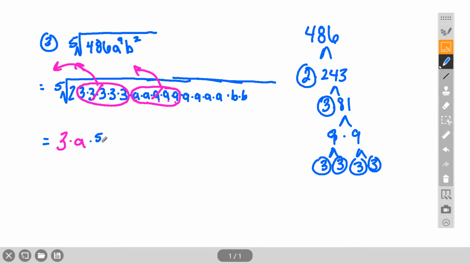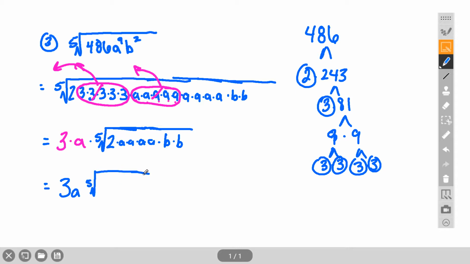So I still have the fifth root, and I still have some stuff under here. I still have a 2. I still have 4 a's: 1, 2, 3, 4. And I still have 2 b's. Put it all together, this becomes 3a, fifth root, 2a to the 4th, b squared.